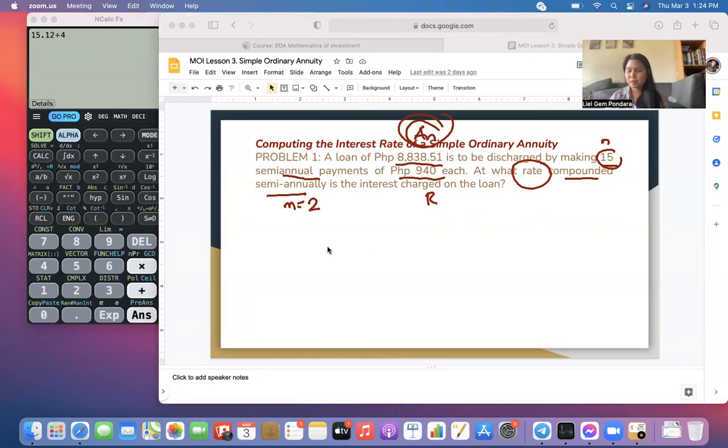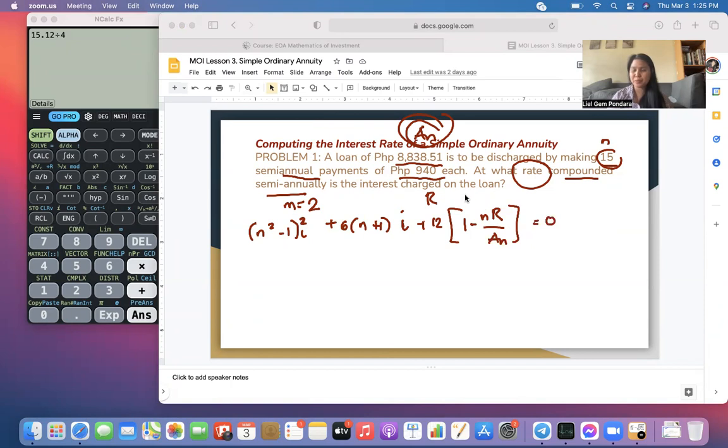The formula is n squared minus 1 squared times I squared, plus 6 quantity n minus 1 plus 1 times I, plus 12 times 1 minus nr over A sub n equals 0.